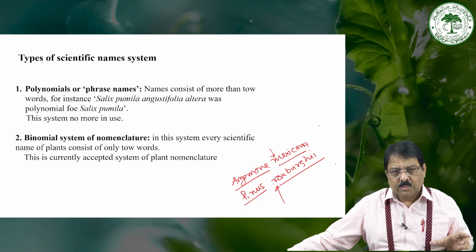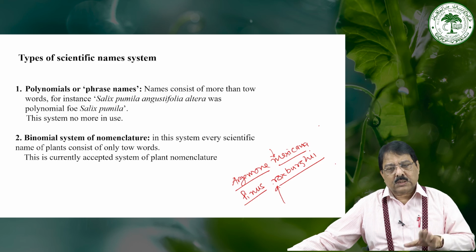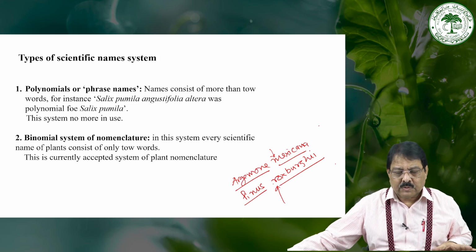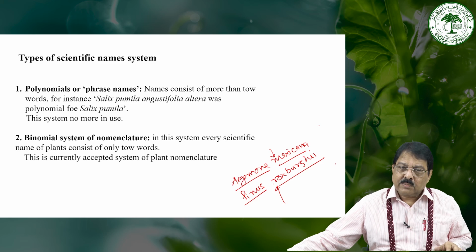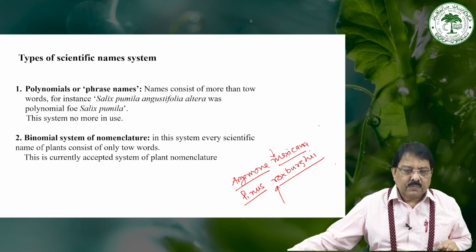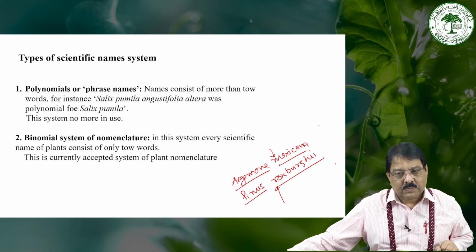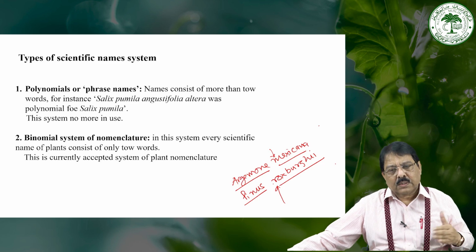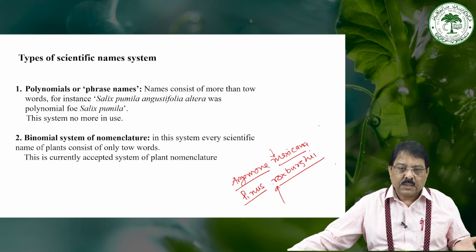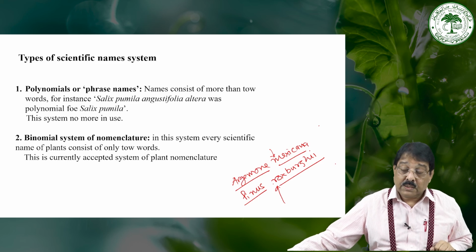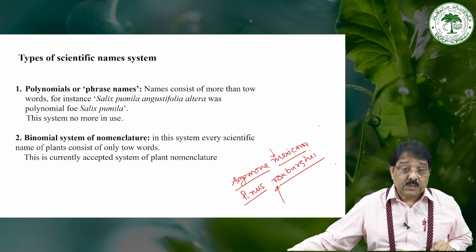The name would consist of two words, genus as well as species. The first would be the genus and the second would be the species name. The genus name must start with a capital letter, while the species name will start with a small letter. Whatever the dedication is, whether to a country, a place, a person or a taxonomist, their name must be written with a small letter.